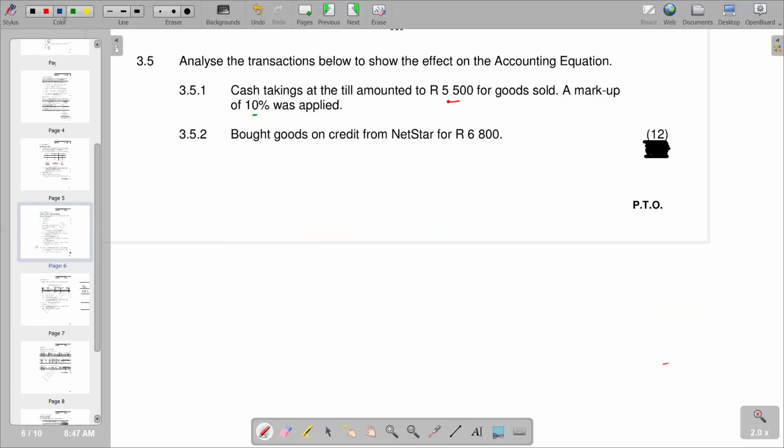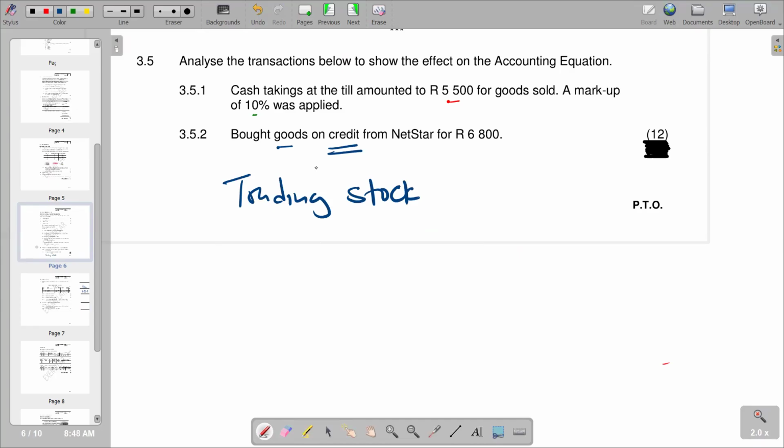So the first thing is to identify the double entry involved, where we have bought goods on credit from Netstar. It's going to increase our trading stock because we have bought, so goods are going to come inside our business, and it's going to debit the trading stock by increasing the goods that we have in the business. So we have got our trading stock. But we are buying on credit, which is very important for us to take note of.